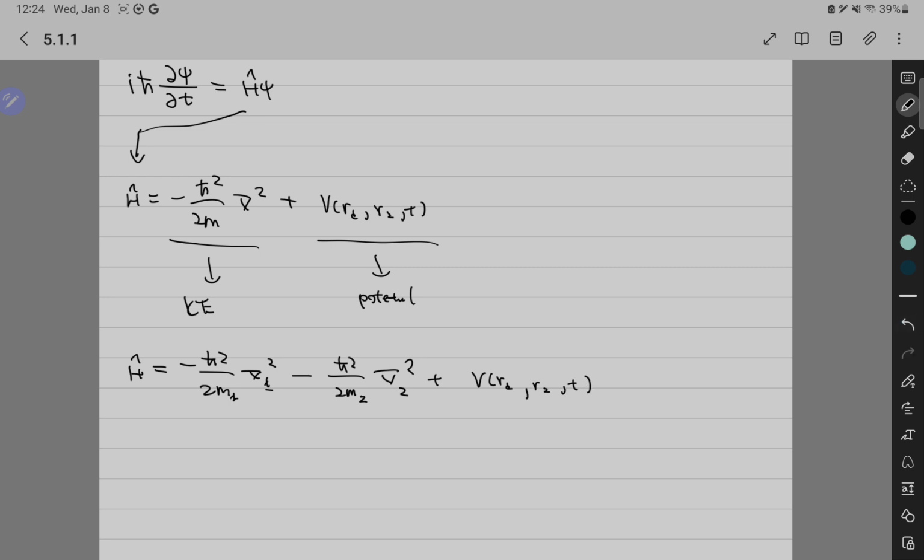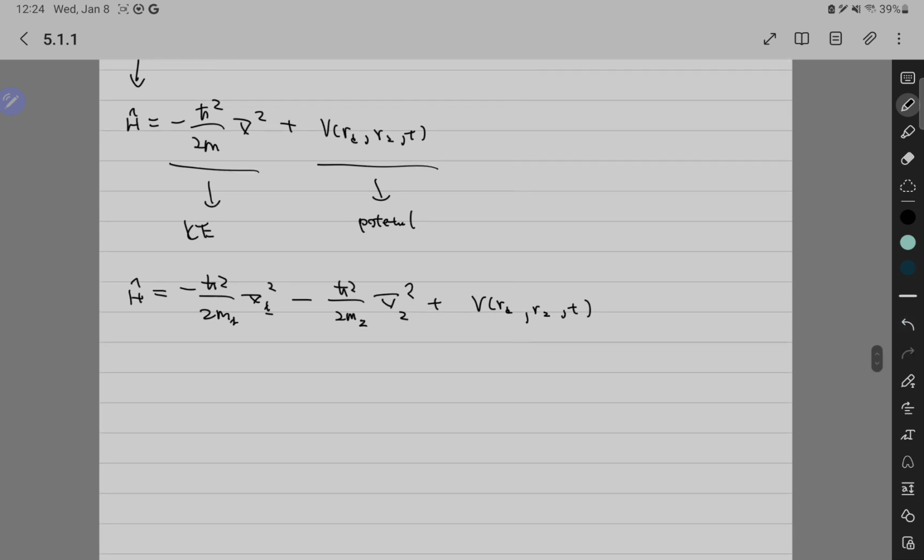So this is the Hamiltonian for our two-particle system. This stands for the kinetic energy of particle 1. This stands for the kinetic energy of particle 2. This stands for potential. It makes a lot of sense. And our potential relies on the spatial coordinates of particle 1 and 2 and time.